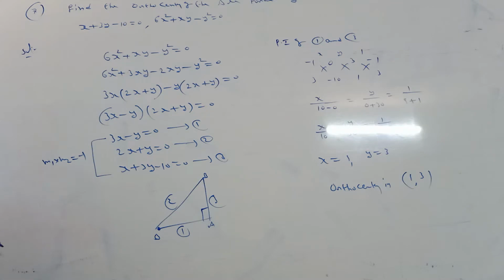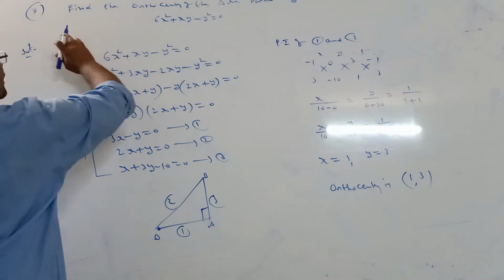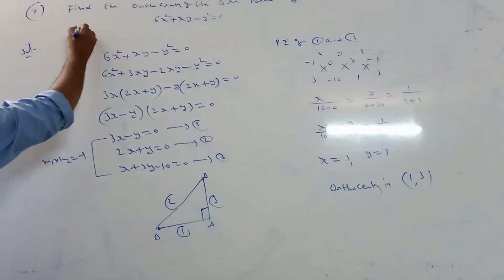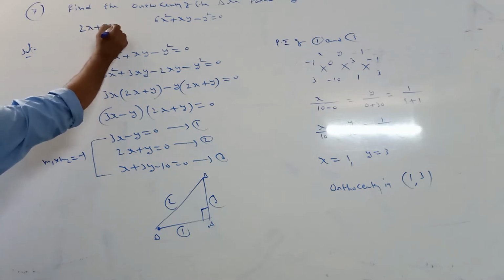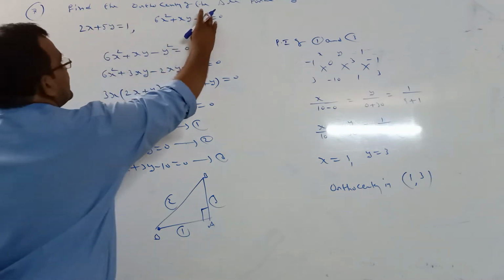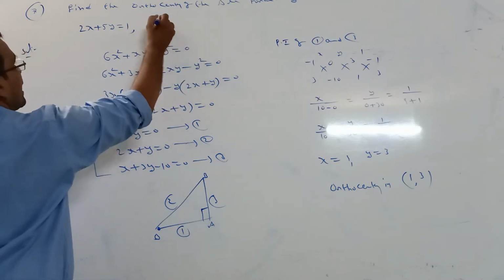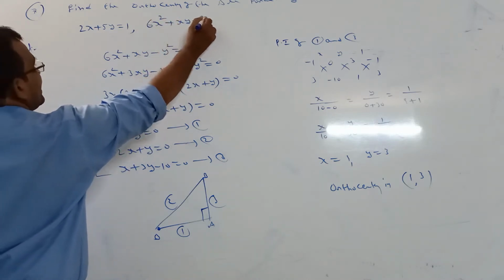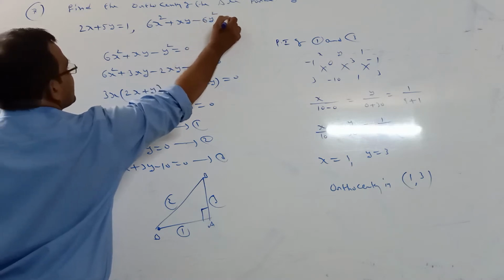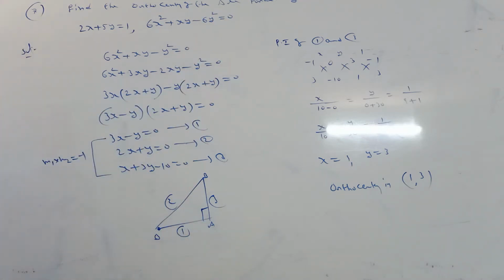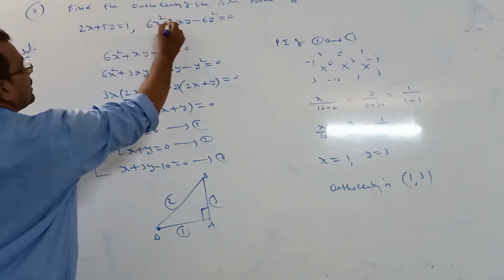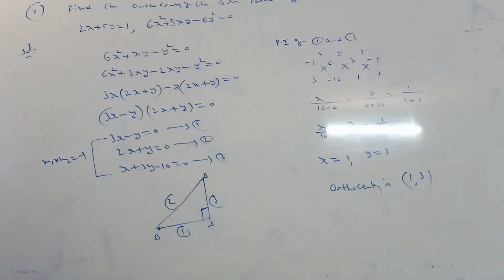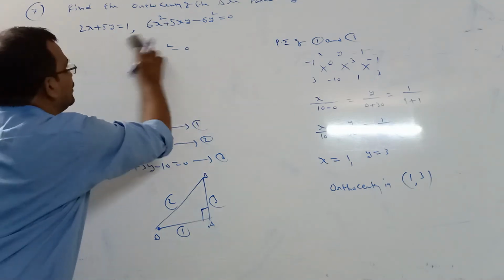Next, find the orthocenter of the triangle formed by the line 2x plus 5y equal to 1 and 6x square plus 5xy minus 6y square equal to 0.